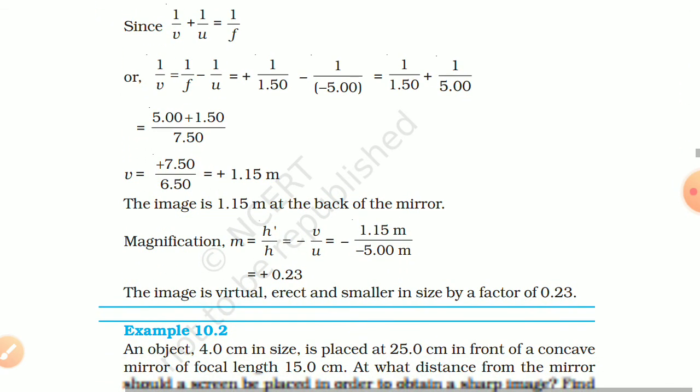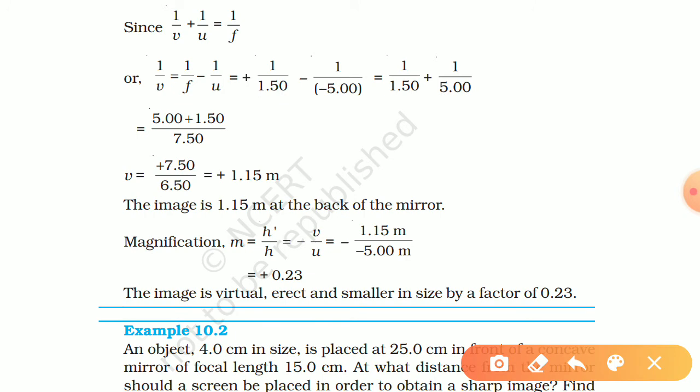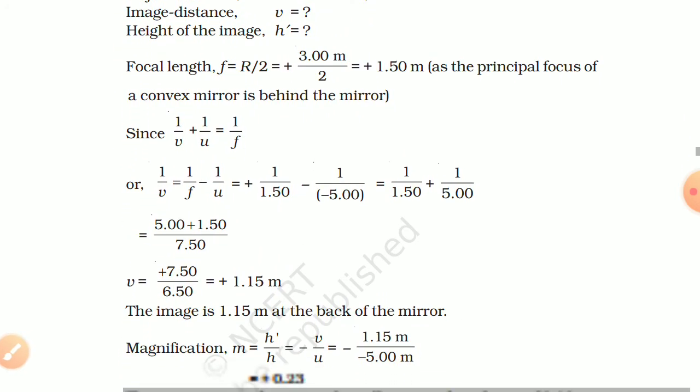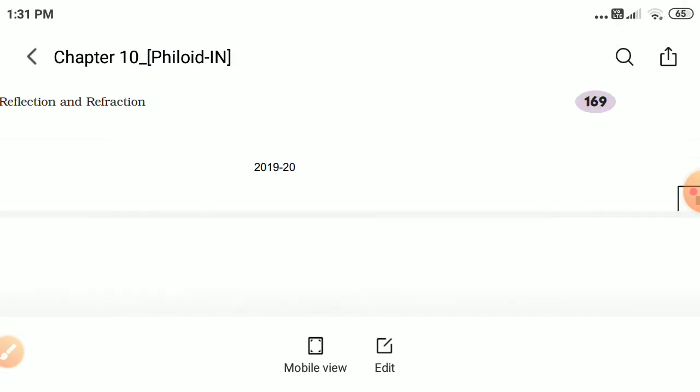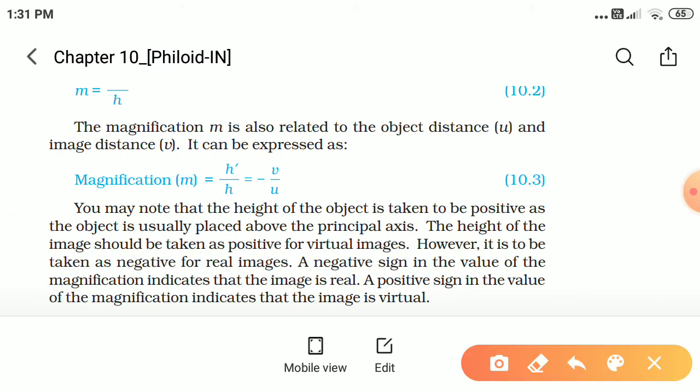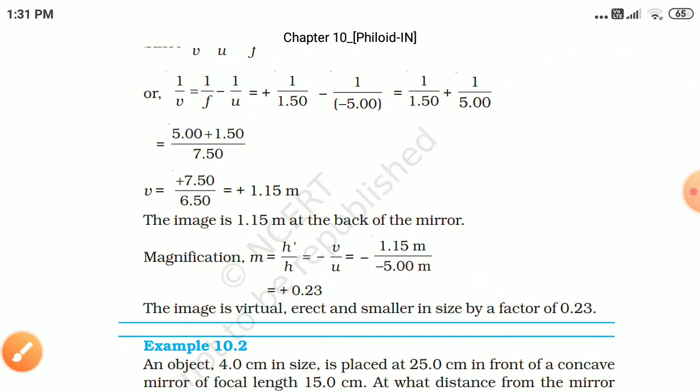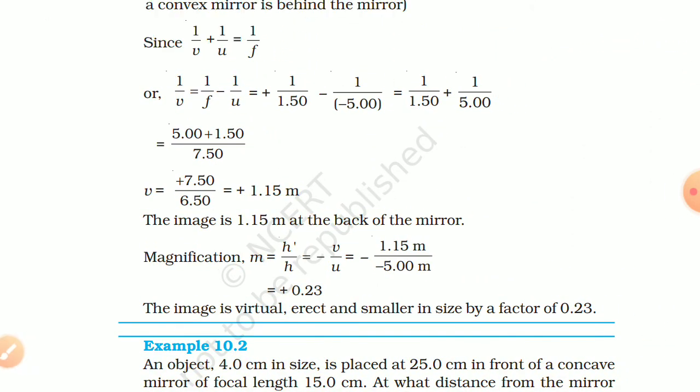So now we have to find the size of the image, so that formula is h dash upon h. Now we have v and u, so by using the magnification formula we can find our magnification, which will be h dash upon h is equal to minus v upon u.